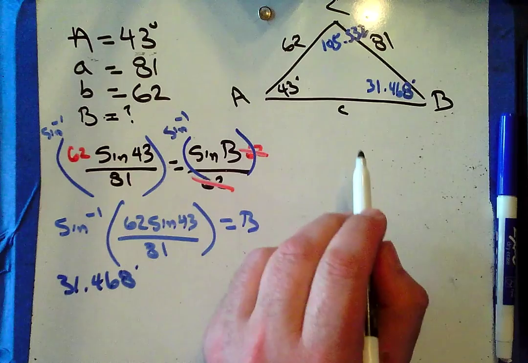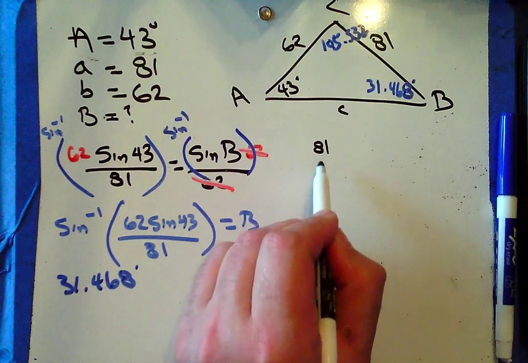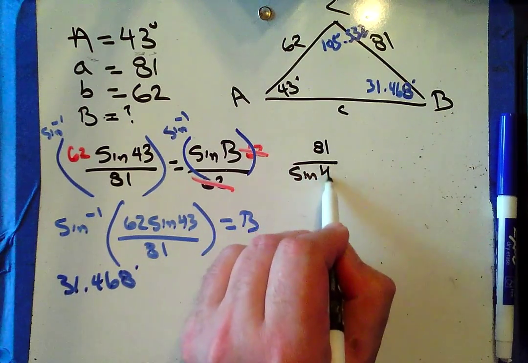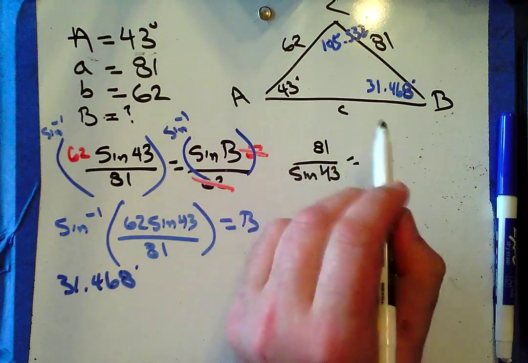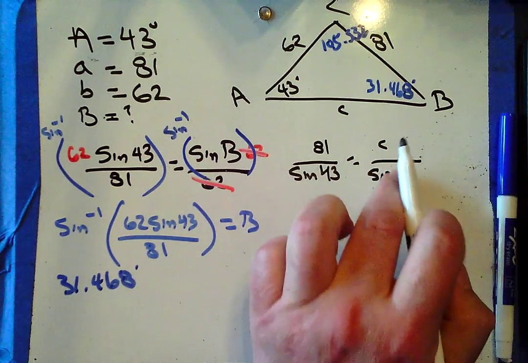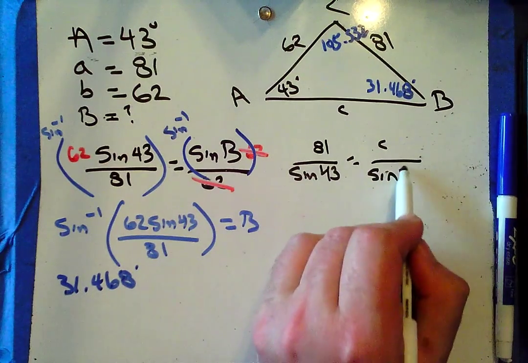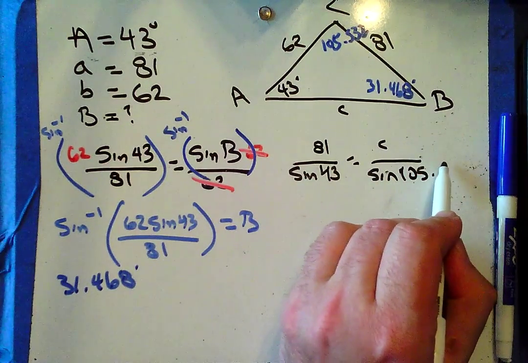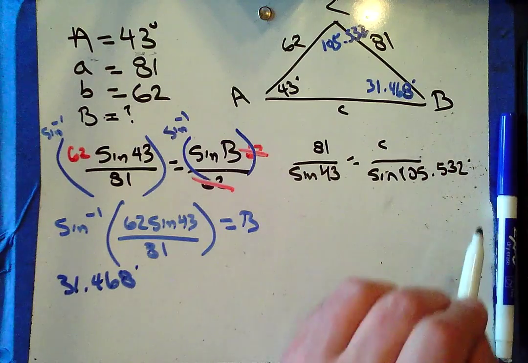Okay, and then finally I use law of sines again to find little c. I'm looking for a side this time, so I'm going to put sides on top. Sine of 43 equals little c over sine of 105.532 degrees.